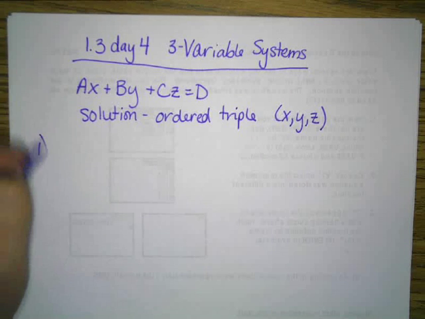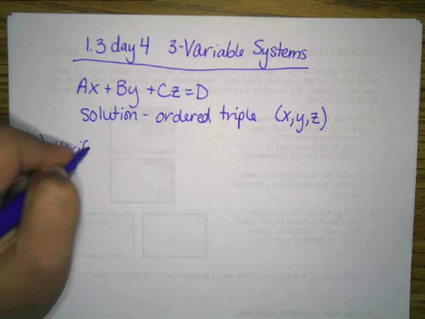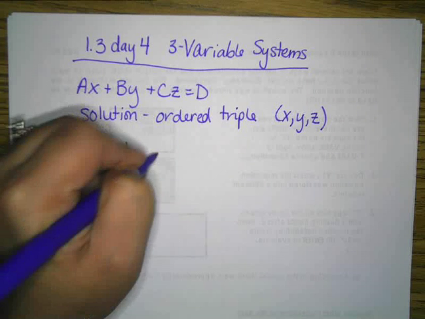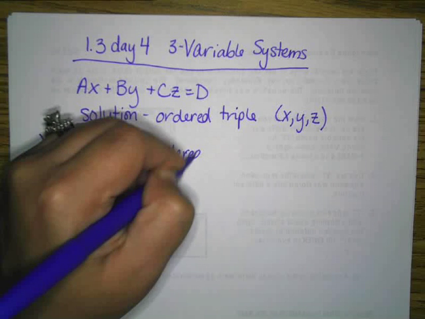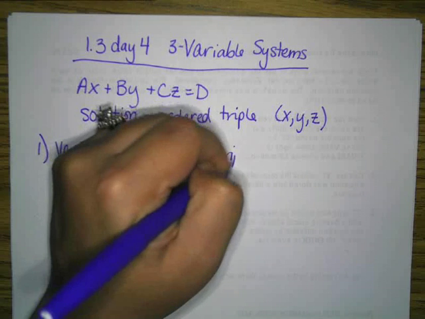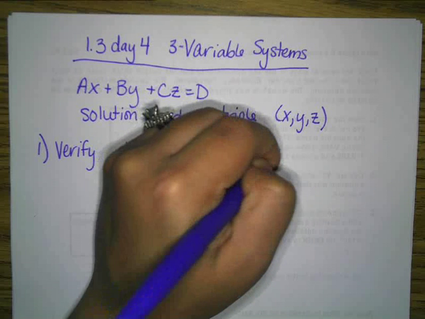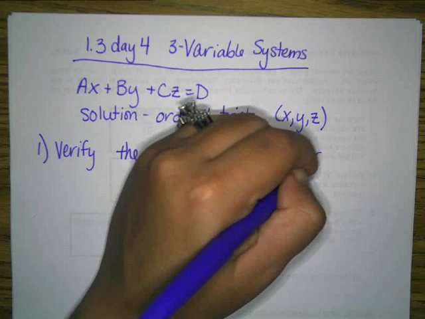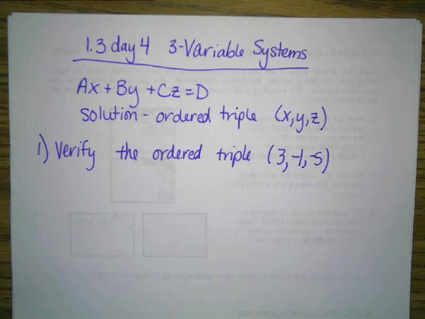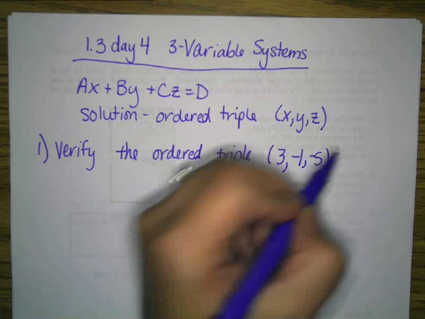Okay, so the first thing I want to look at is I want you to verify that the ordered triple (3, -1, -5) is or is not a solution.